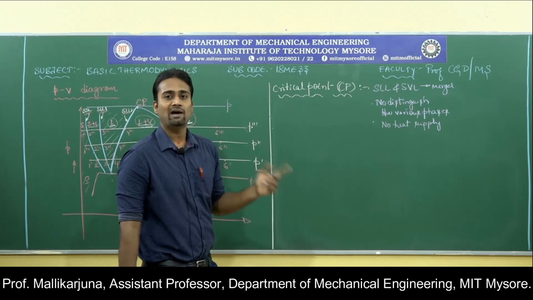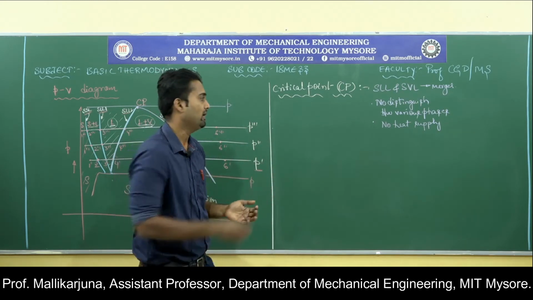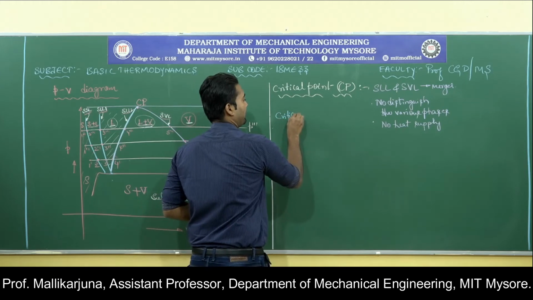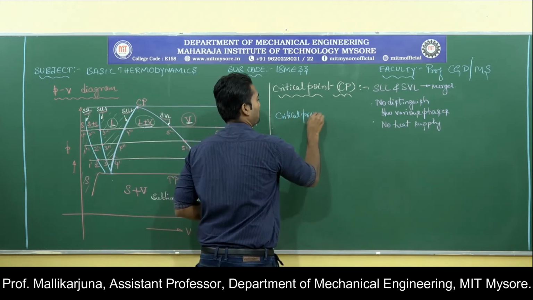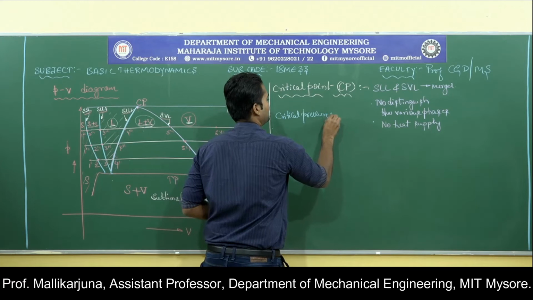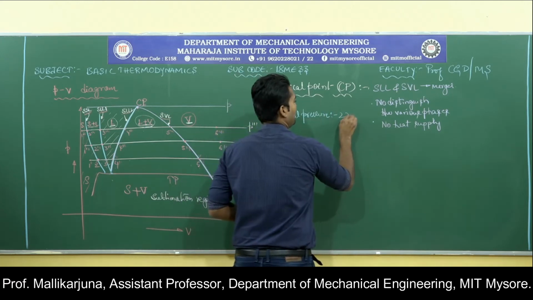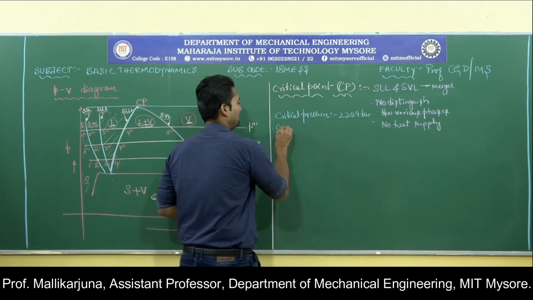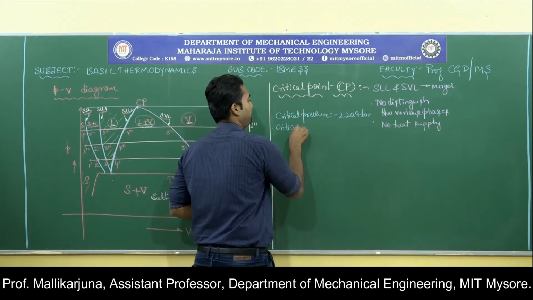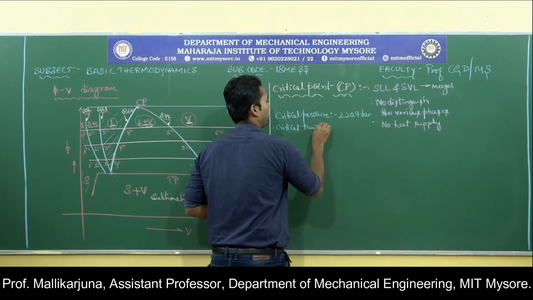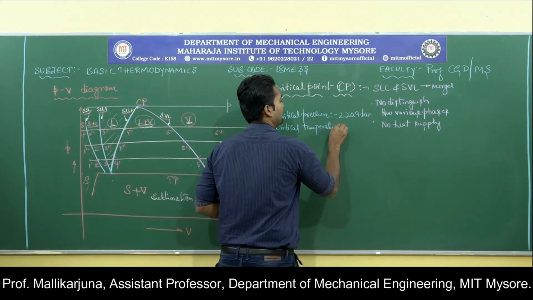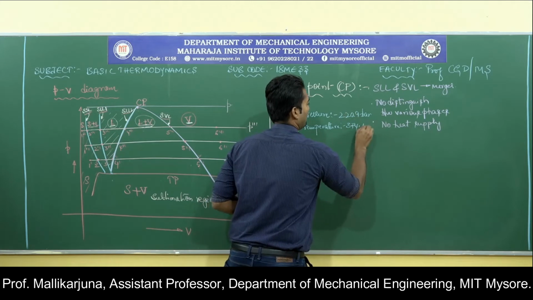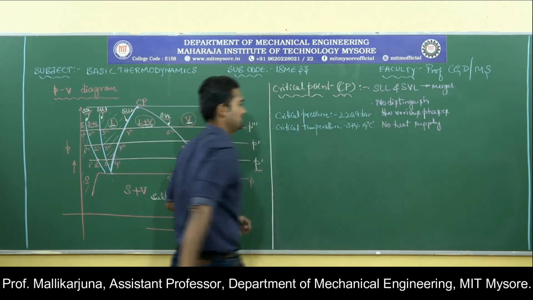For water, we have certain values for the critical point. For water, the critical pressure is about 220.9 bar. In the same fashion, the critical temperature is about 374.14 degree Celsius.